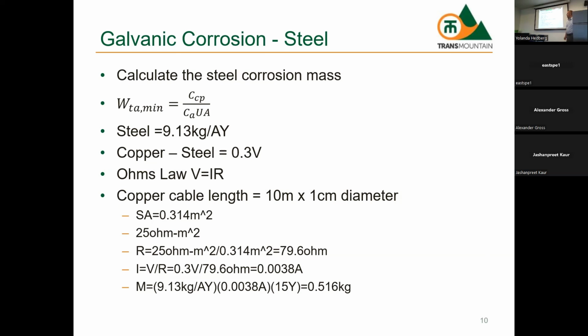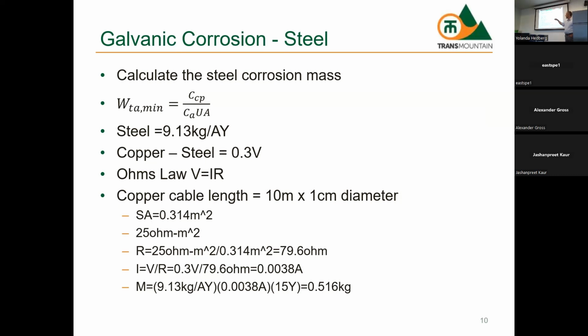So every year, if there is 1 amp of current flowing off of the steel, in that case to the copper, you would see 9.13 kilograms of steel corrosion.